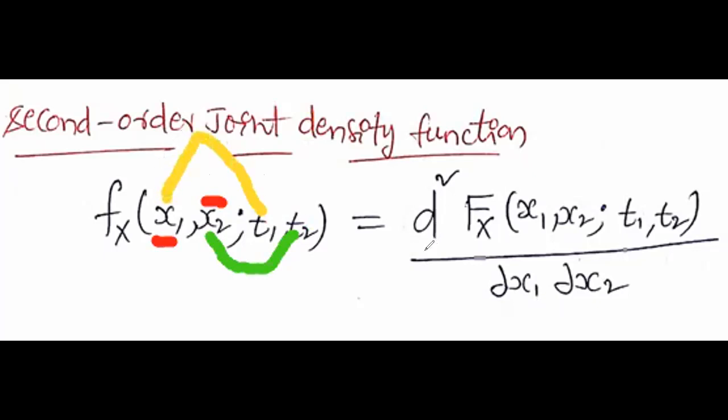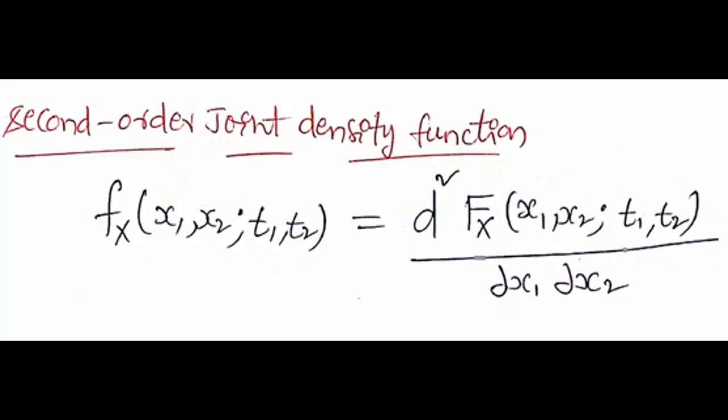And observe here, this is d square of the second order distribution function. Now observe the denominator, that is dou x1 by dou x. So if you perform the second order differentiation of the distribution function of a two variable random process, then you are going to get the second order joint density function, right?